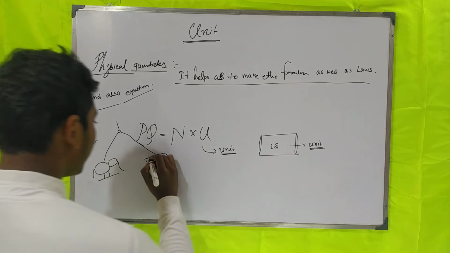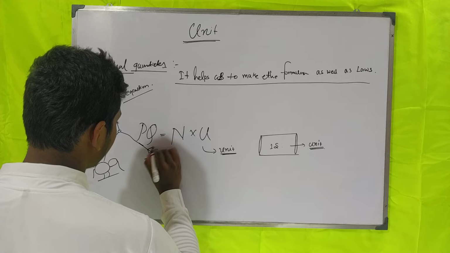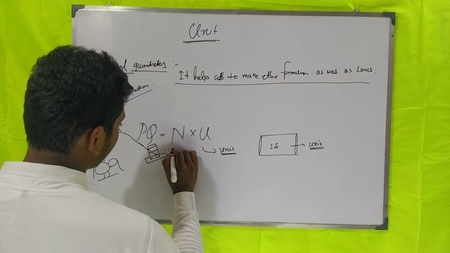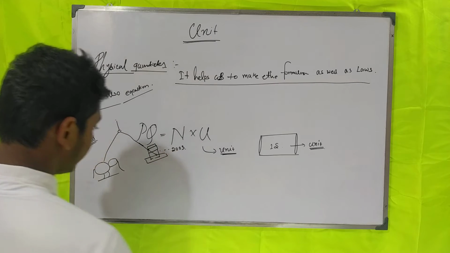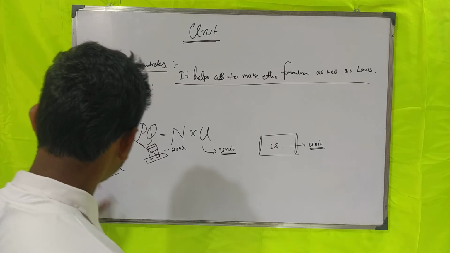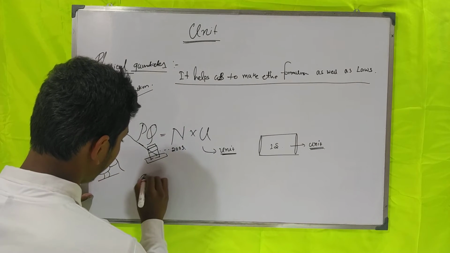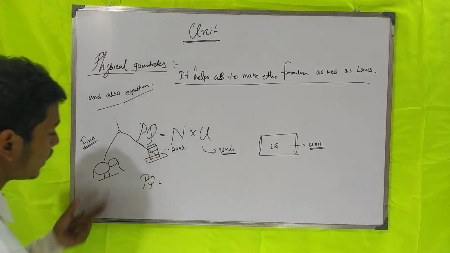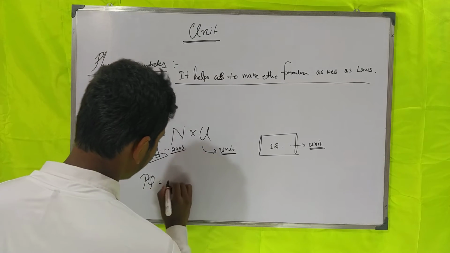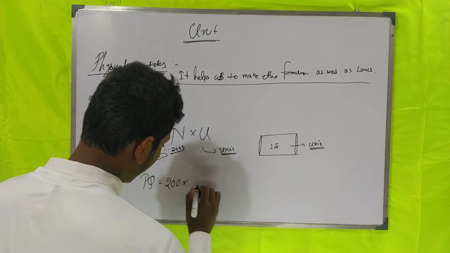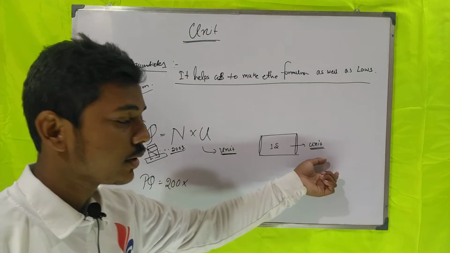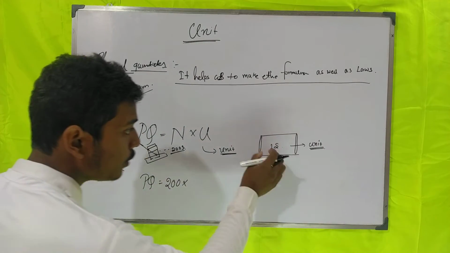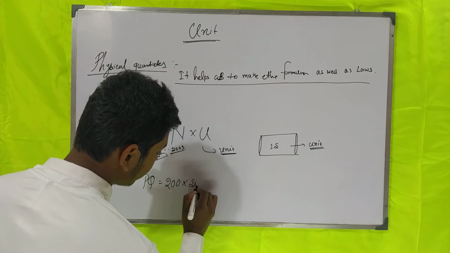Here I will give 1 cylinder, 2 cylinders, up to 200 cylinders. So we can write the physical quantity, PQ. The numerical value of this is 200. What is the unit? Which unit will I use here? The cylinder.